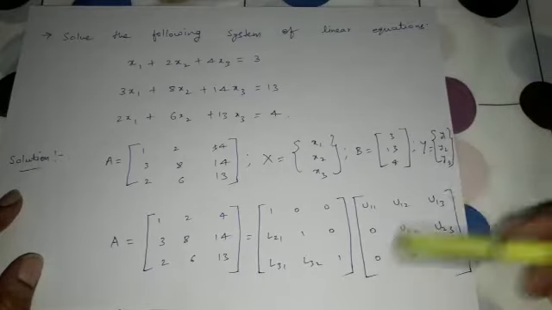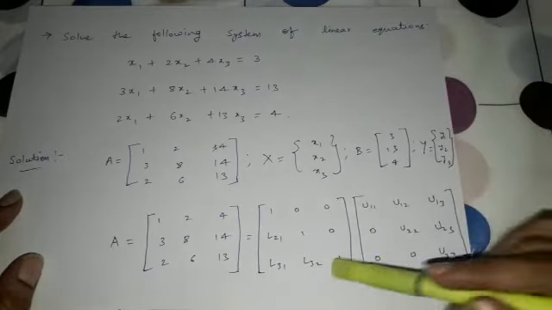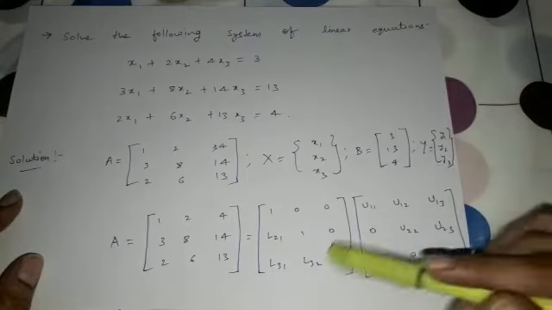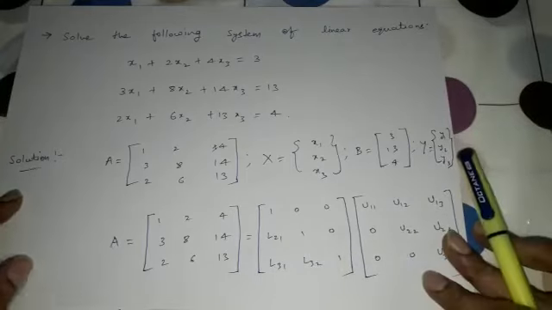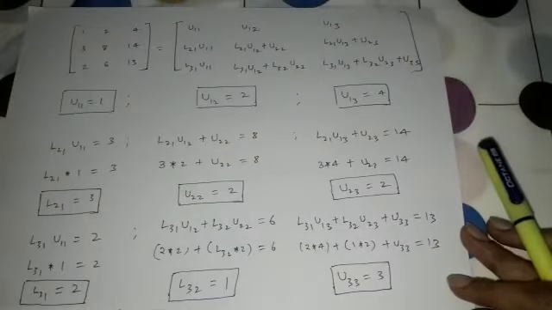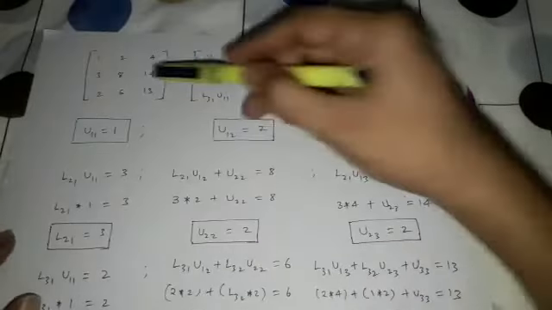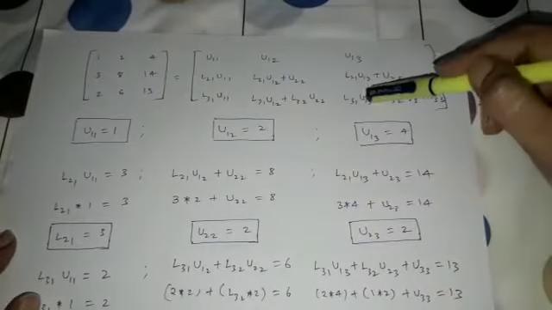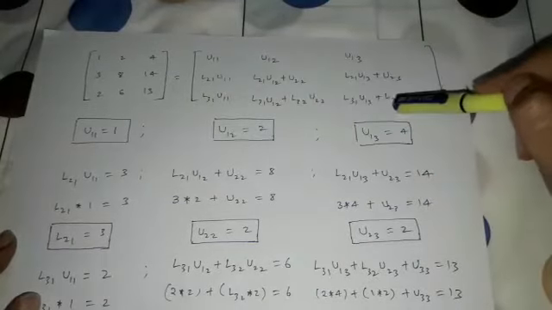Now do the multiplication of these two matrices. When you do that, you will get this matrix. So your coefficient matrix is equal to the product of the lower triangular matrix and the upper triangular matrix.